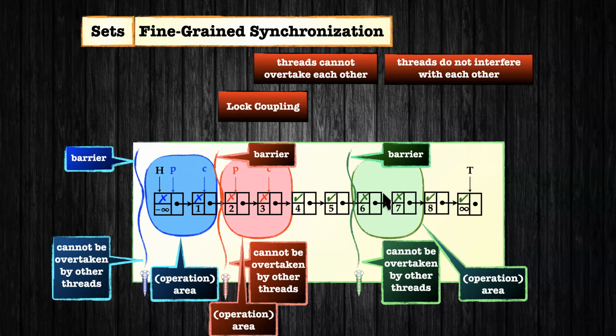So if you have a slow thread here, and you imagine you have a very long list, you have a slow thread here which is working very slowly, and then you have other threads that are trying to go beyond and operate on the later parts of the list, then all of them will be blocked by the slow thread here.